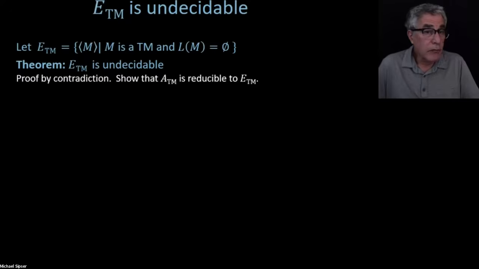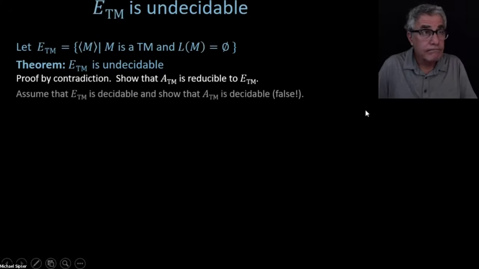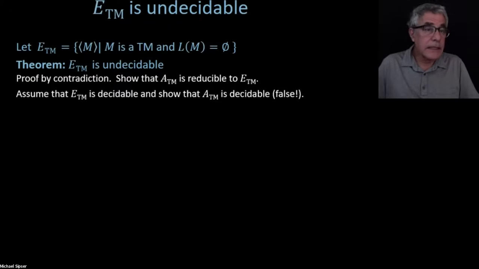I'm just going to give you a machine, and I want to know: does it accept something, or is its language empty? That's going to be undecidable, no surprise. Proof by contradiction, and we're going to show that ATM is reducible to EQTM. These things often take a very similar form, and I'm going to try to use the same form. So if you're feeling shaky on it, at least you'll get the form of the way the solution goes, and that'll help you maybe plug in to solve problems.